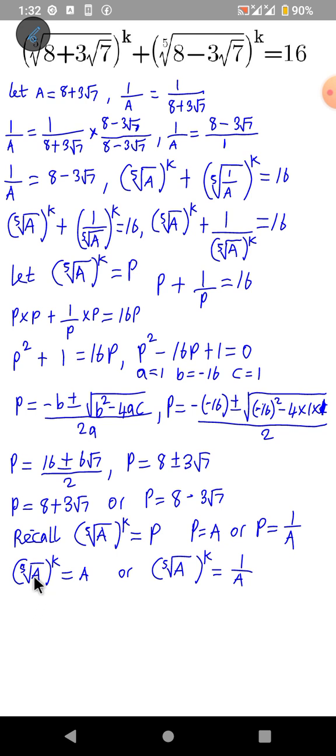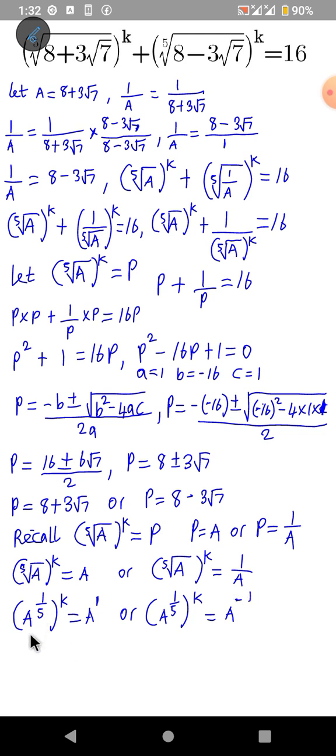Then now we continue. Now the fifth root, I can write it as a raised to the power of 1 all over 5, all raised to the power of k equal to a, which is the same thing as a raised to the power of 1, or then here again we say a raised to the power of 1 all over 5 raised to the power of k. Then 1 over a can be written as a raised to the power of minus 1.